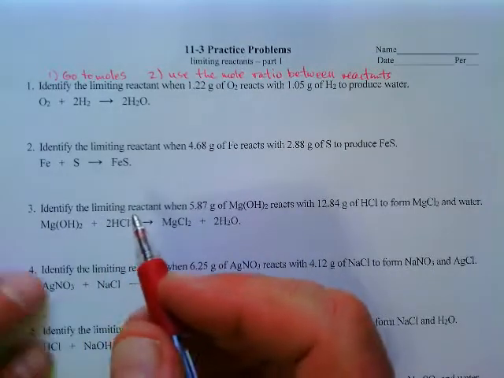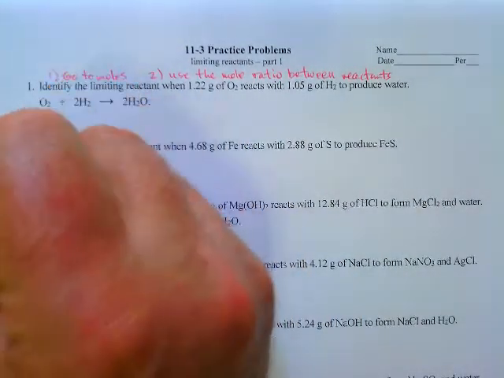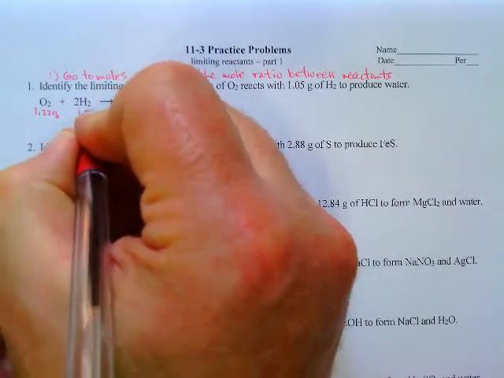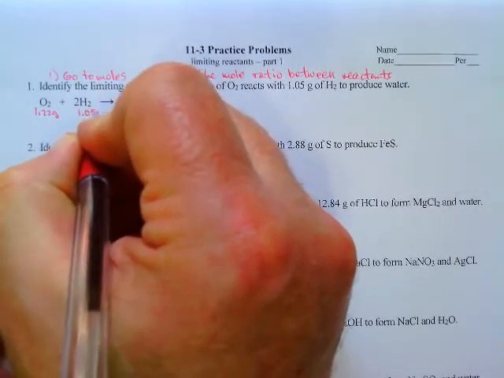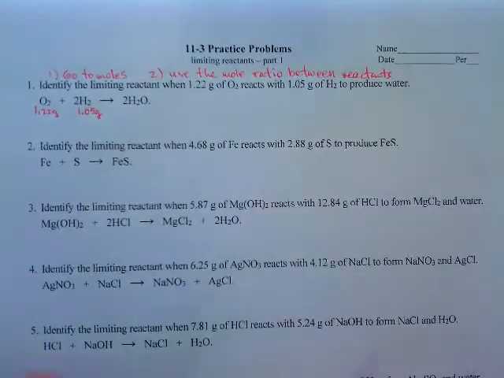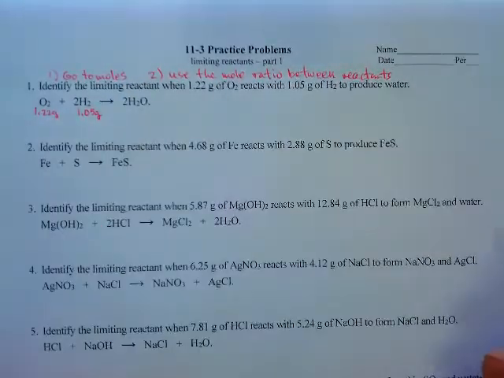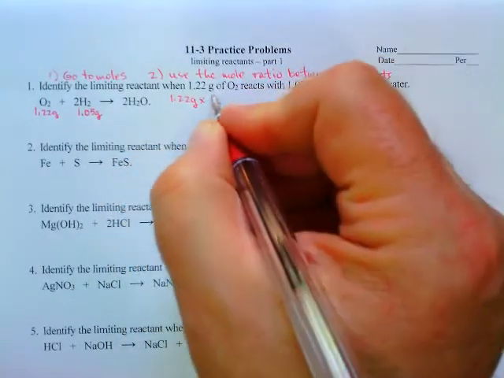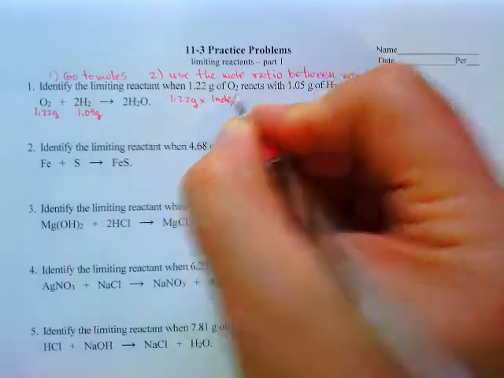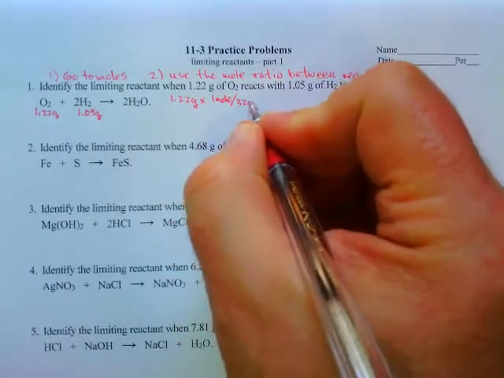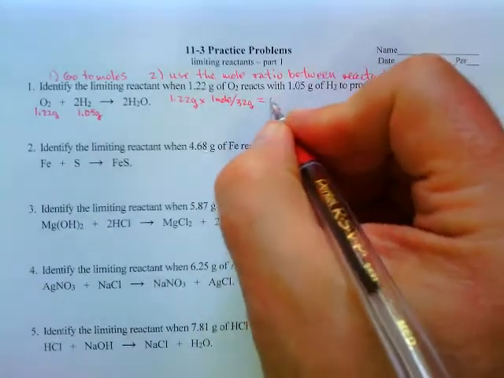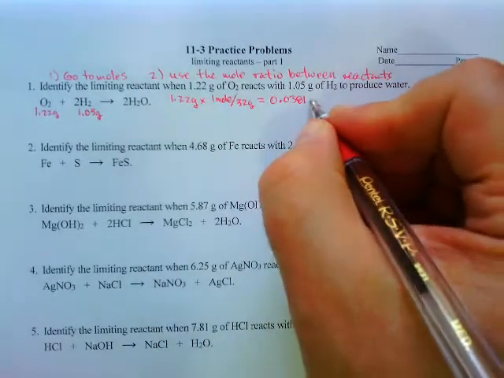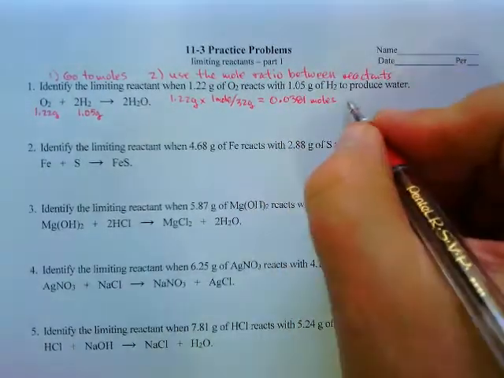So we have 1.22 grams of O2 and 1.05 grams of H2. We want to know which one is limiting. So first, go to moles. So 1.22 grams times 1 mole over 32 grams equals 0.0381 moles of O2.